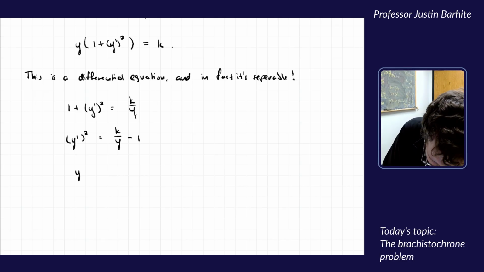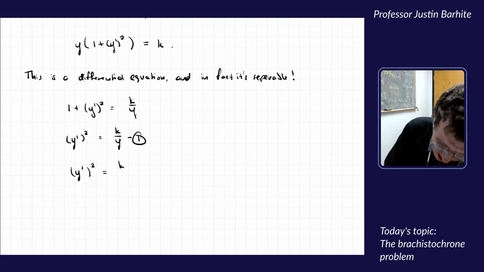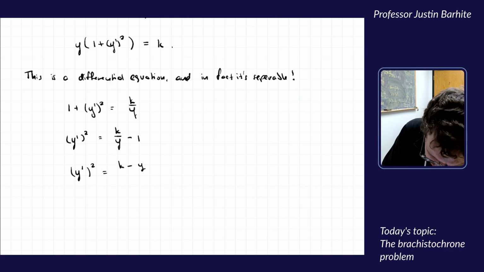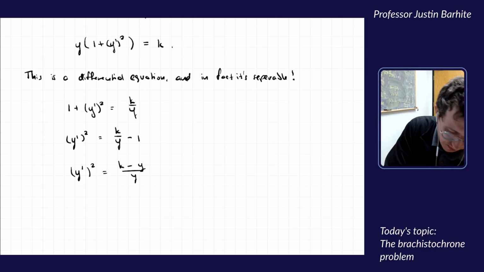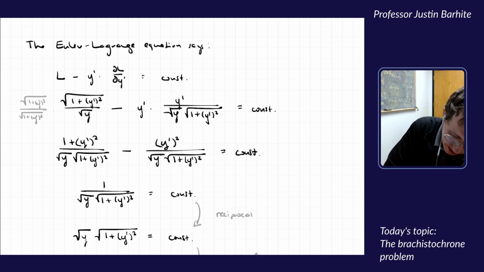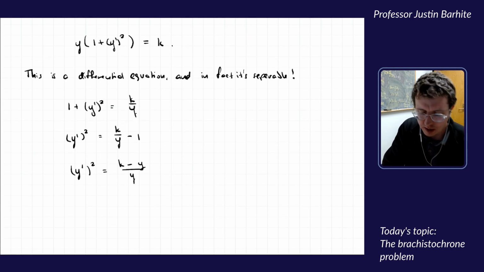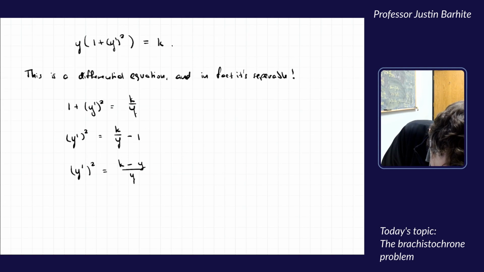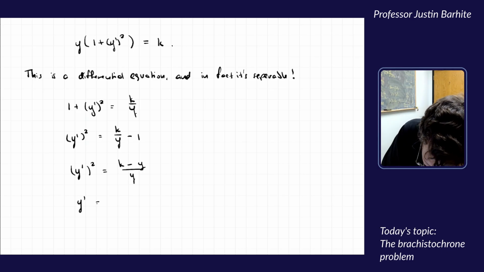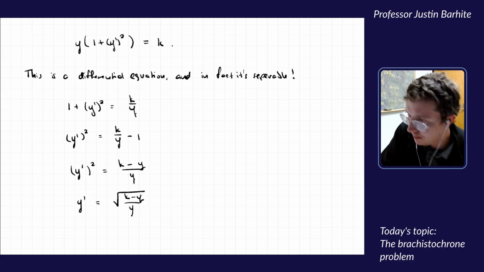It's actually going to help me with the algebra later on if I go ahead and write this 1 as y over y, and then combine the fractions to get k minus y over y. Same thing we did up here. I'm just getting a common denominator in order to subtract these two fractions. And now I can just take the square root. So we learned that y prime is root k minus y over y.